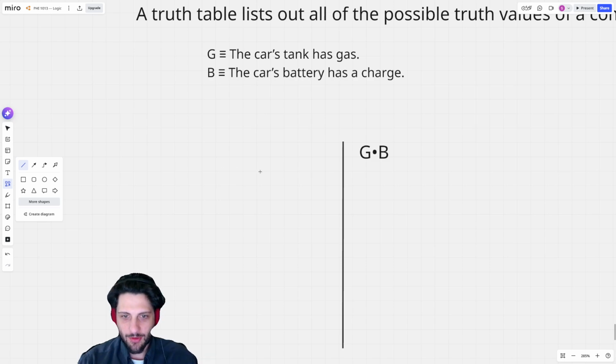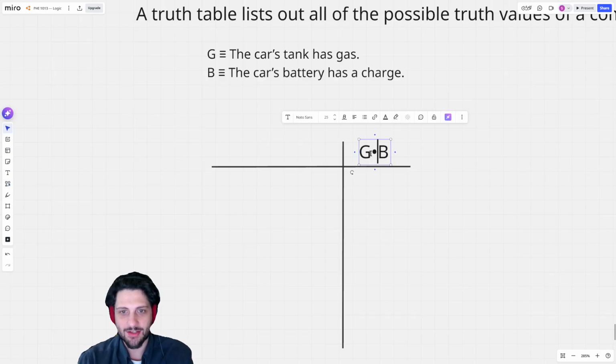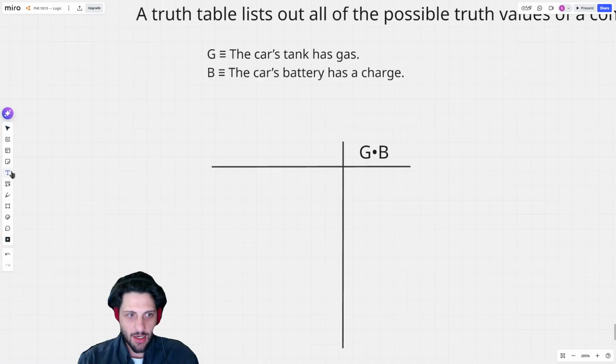But instead, what I want to do is show you the intuition here, what an expert is really seeing. So let's say we want to figure out when this complex statement, G and B, is true. Let's try to think about all of the possible ways that the world could go.